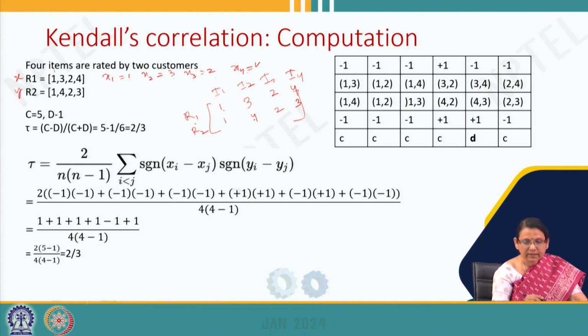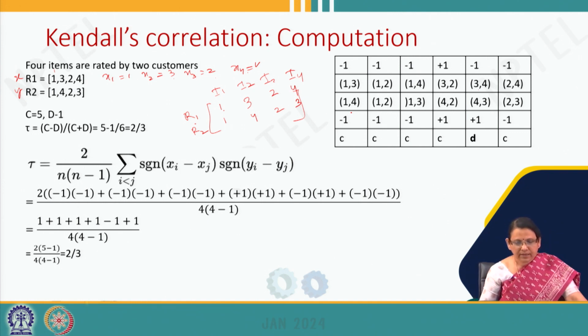Is there any difference in their rating behavior? When this person gives 1 and 3 while comparing 2 items, this person gives 1 and 4. So we take the difference, to see if there is any difference in rating.